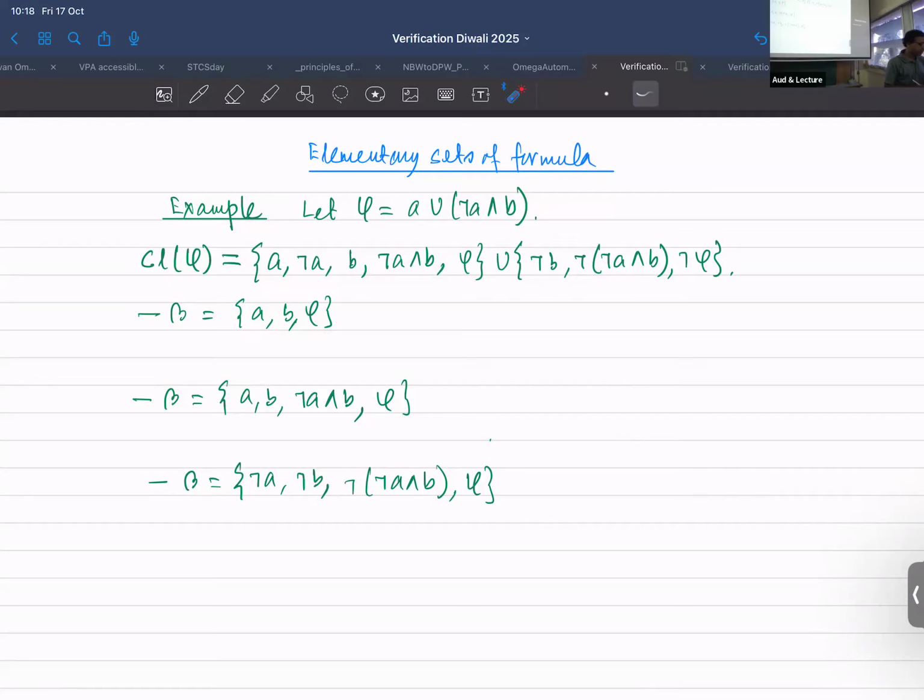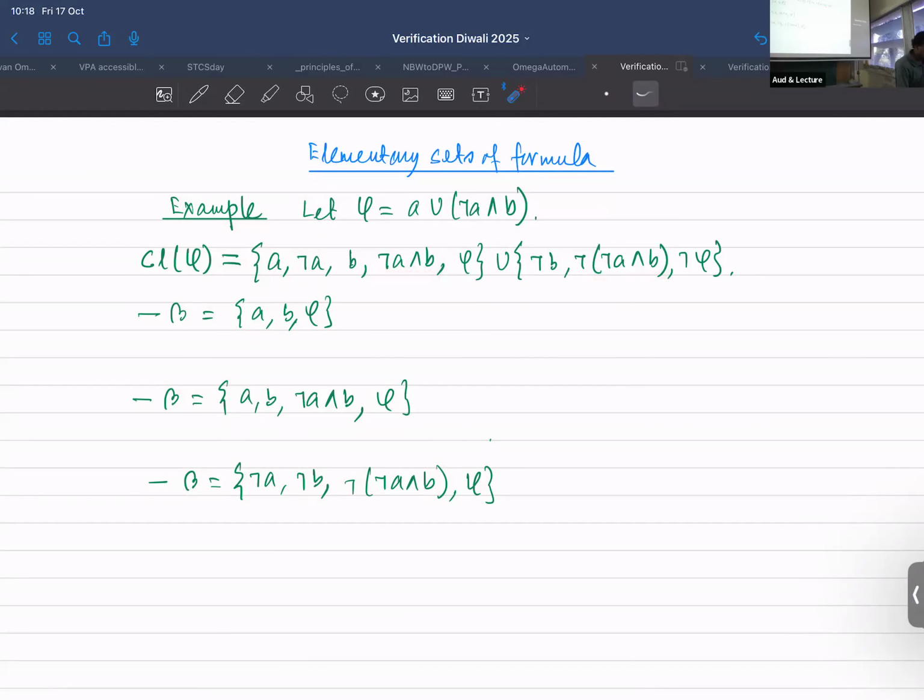Now, is it elementary? It is consistent, and is it also maximal?